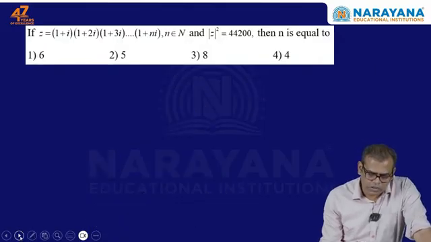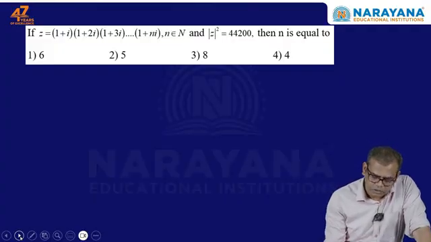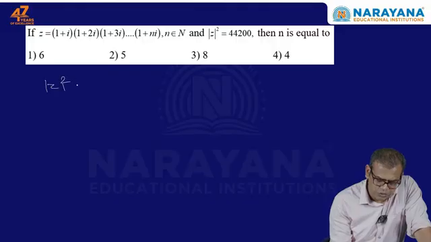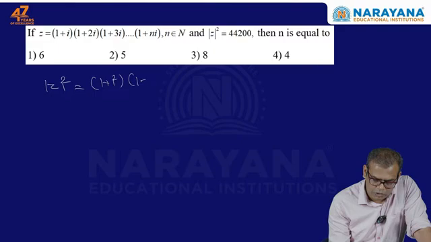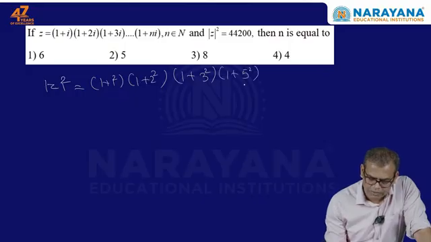Look, this question is very easy. It is a complex number question based on the magnitude of the complex number. If you take the modulus of z square, what kind of pattern will come here? 1 plus 1 square into 1 plus 2 square into 1 plus 3 square, into 1 plus 5 square.